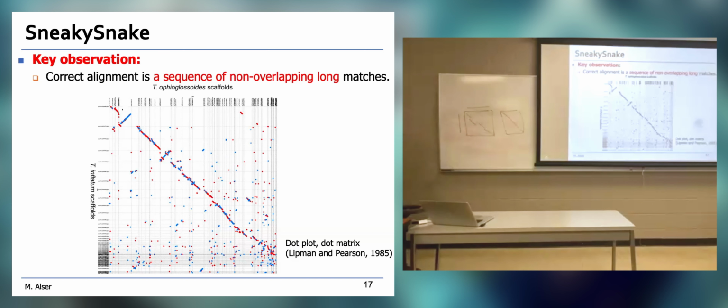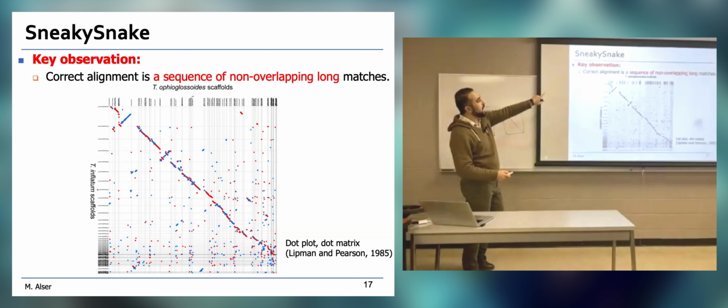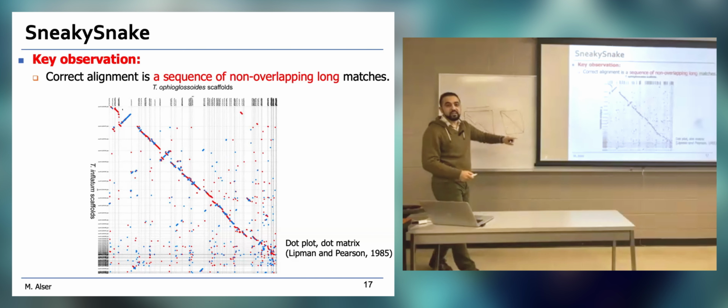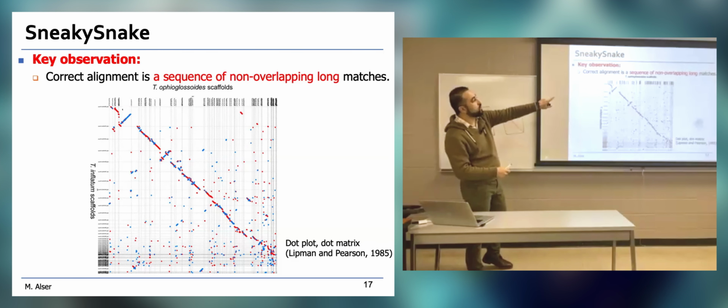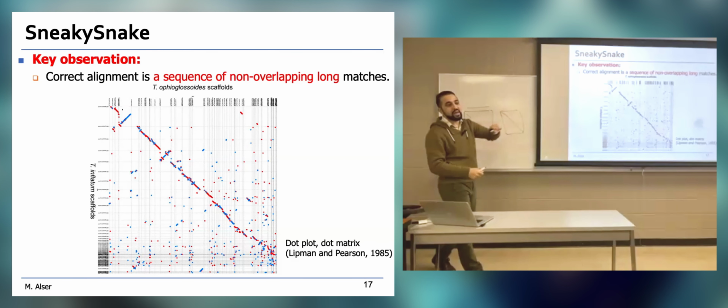So based on that observation, we said a correct alignment, meaning the similar sequence we are comparing to is below or equal to the threshold, is a sequence of non-overlapping long matches.